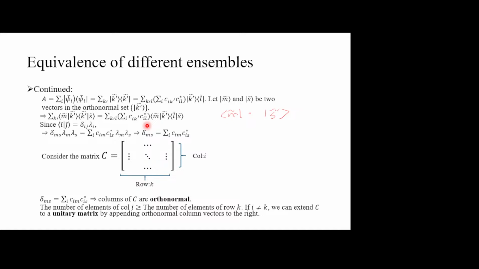Oh, sorry, it's actually not orthonormal, it's only orthogonal. In this orthogonal set, when you have something like m tilde and k prime tilde, this inner product with each other is like a delta function.